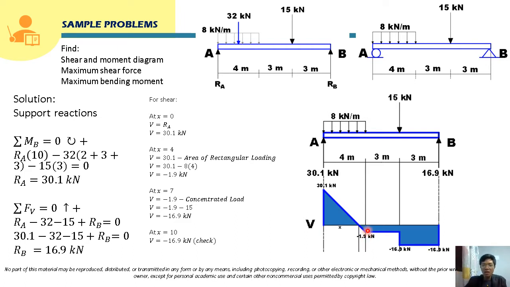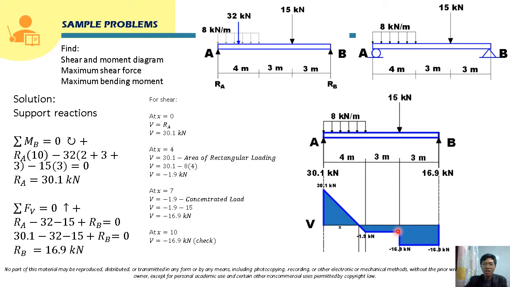Since there is no loading here, from x equal to 4 to 7, the shear will be constant. So this will be negative 1.9 from here to here.